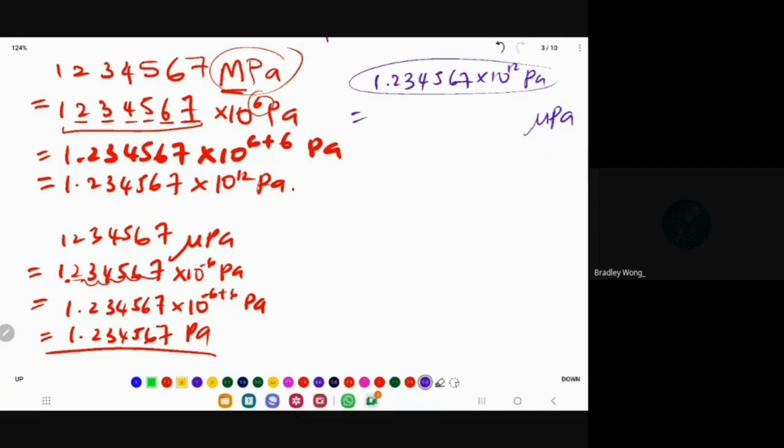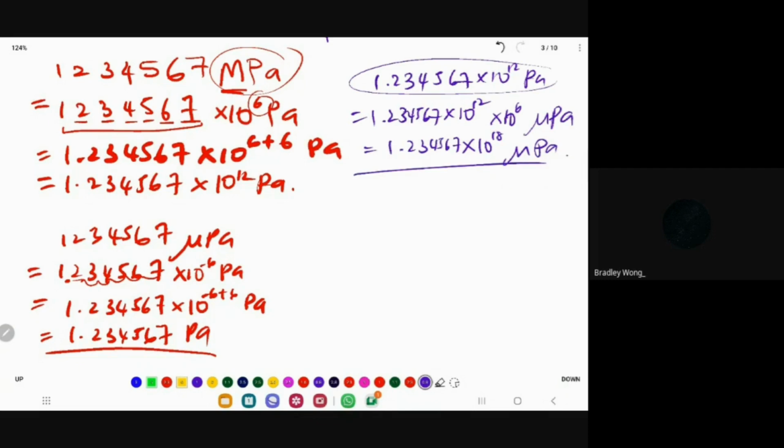Okay, now this is times 6, and then the rest is just copy down. If you know why it is times 6, it will be great. If you don't know, it's okay. Memorize also can. Then this is your answer.